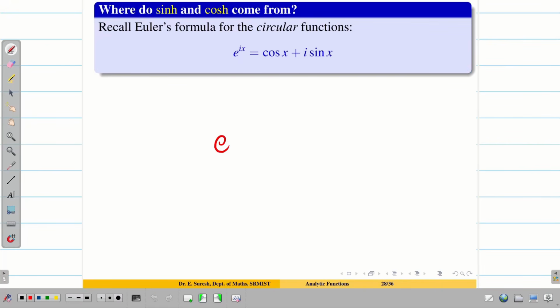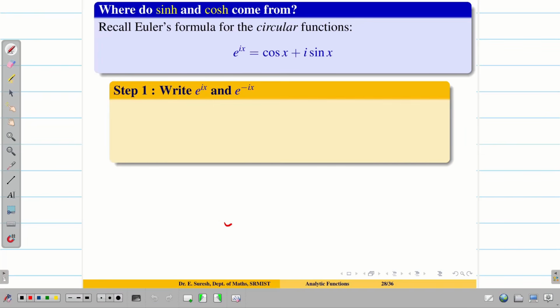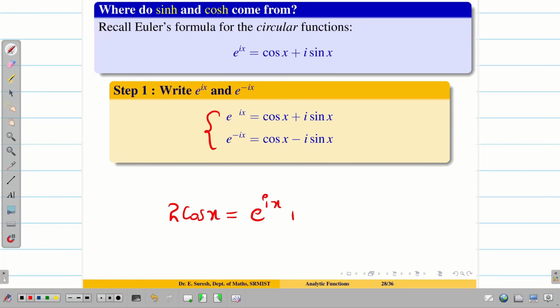Recall Euler's formula. e power i theta is equal to cos theta plus i sin theta. If you write e power ix, we get cos x plus i sin x. Then e power minus ix is cos x minus i sin x. When you add these two equations, we get 2 cos x is equal to e power ix plus e power minus ix.